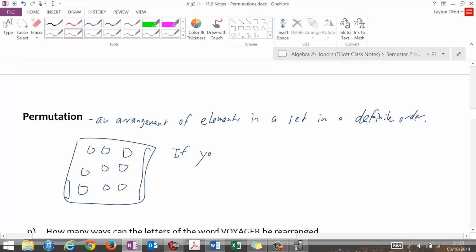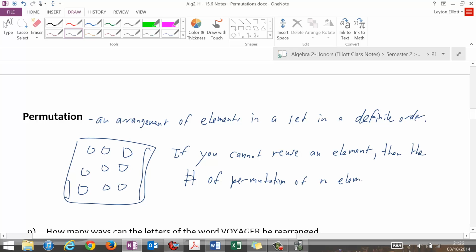If you cannot reuse an element, and in the analogy we just did of the seating chart, reusing an element means you can occupy 2 seats at the same time. But if you cannot reuse an element, then the number of permutations of n elements is n factorial.